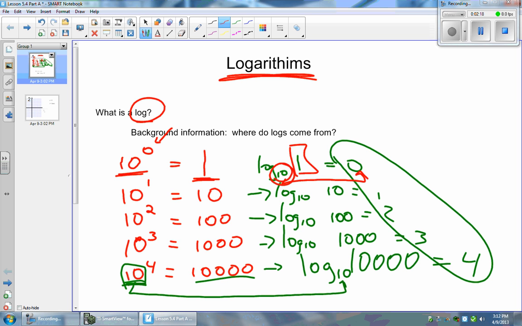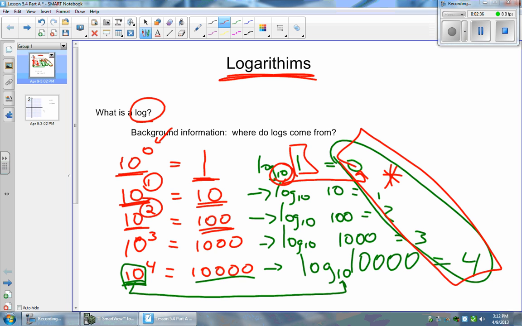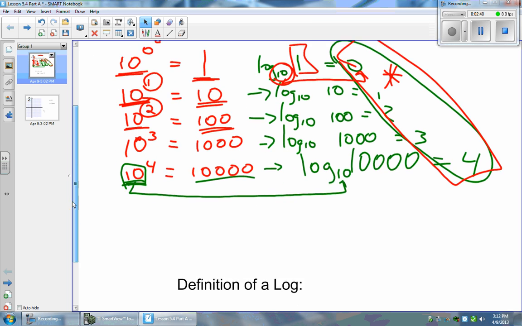Well, it's 0. Here's the answer. Here's the power I'm looking for. There's the exponent. Here's the answer. Here's the power I'm looking for. There's the exponent, and so on and so forth. So basically, logs allow you to figure out what the exponent is. Makes it pretty simple. So let's see what the definition is.